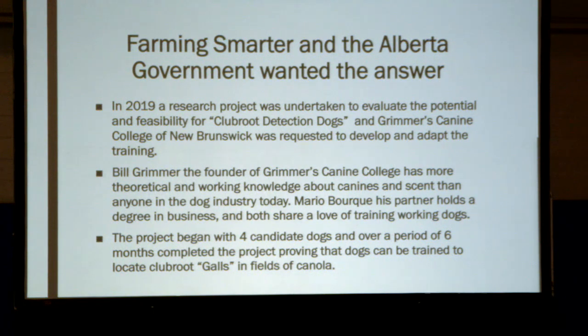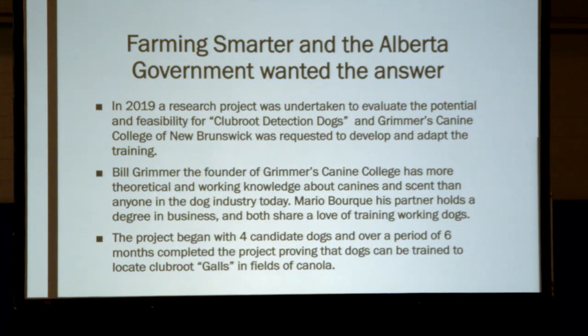Bill has been working for nearly 60 years with dogs and had a lot of valuable experience and knowledge in terms of training the dog, finding different problems, troubleshooting, seeing what were the opportunities and what skill sets the dogs could do to try to help with this problem.